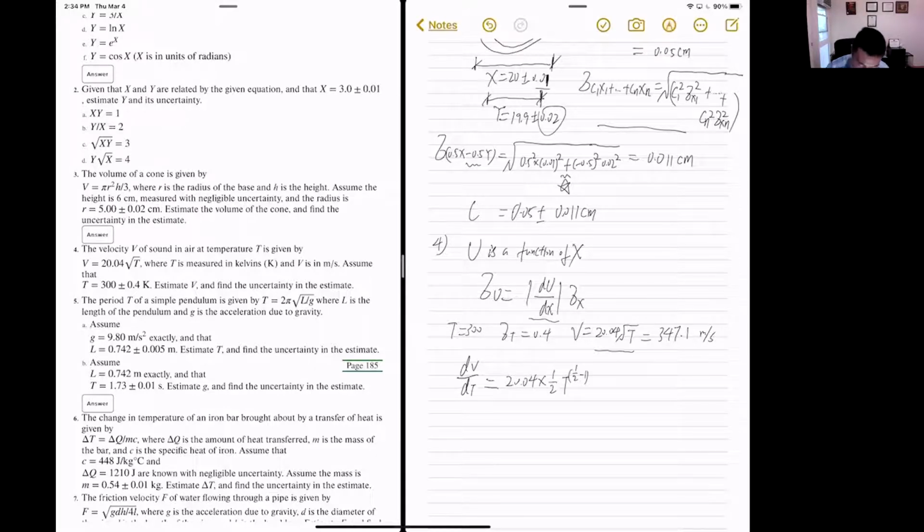That's dV/dT. Simplify that, it becomes 10.02 times T to the power of negative 0.5. So dV/dT is evaluated at the point of interest. The point of interest is when T is equal to 300. So we plug in T equal to 300, and we get dV/dT.